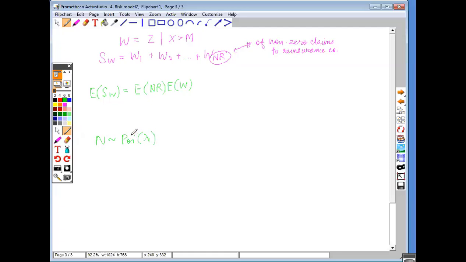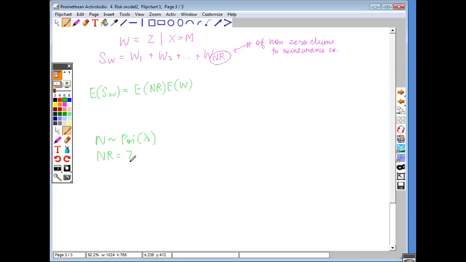How can this help me to determine something about NR? Just reminding ourselves, capital N represents the total number of claims that we observed, and NR represents the number of non-zero claims for the reinsurance company.